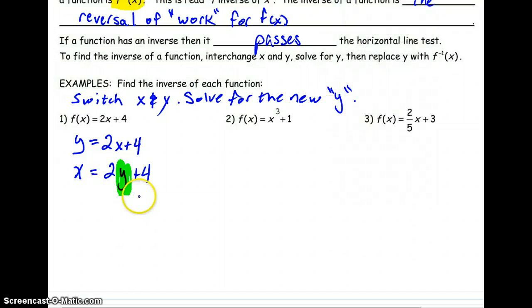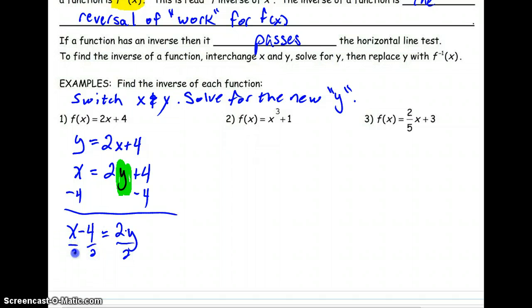And we've been doing this all year. You can see always deal with addition or subtraction tied to the variable first. We'd have x minus 4 is equal to 2y. Now you can see 2 is multiplied to y, so I will divide each individual term by 2. I'll have x over 2. 4 divided by 2 is 2 itself.